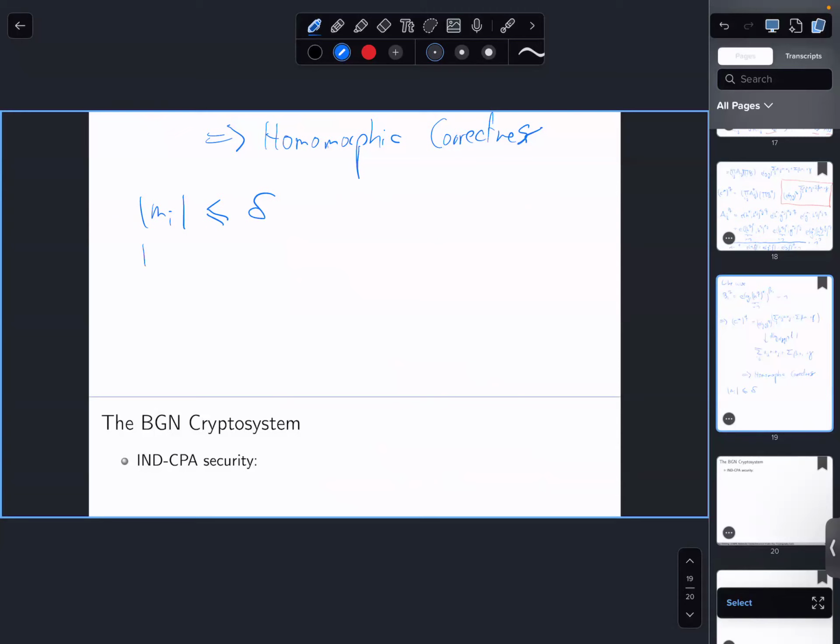Let's further assume that all the alpha_ij, the beta_i, and the absolute value of gamma are also smaller than delta, and delta is some polynomial.